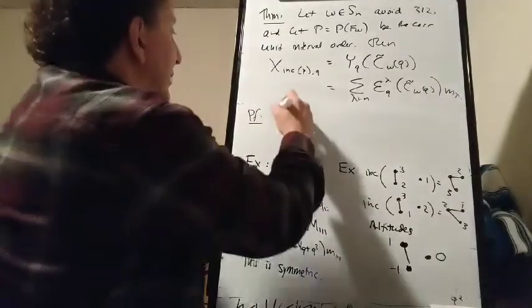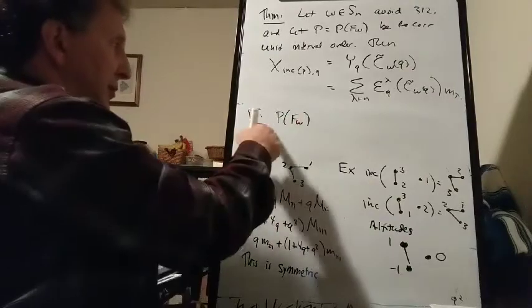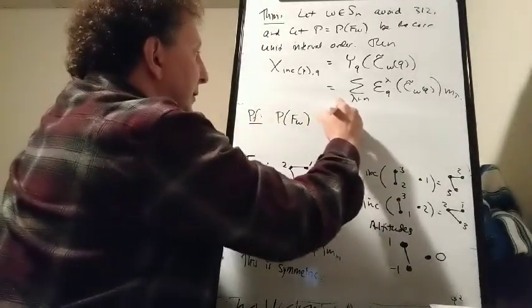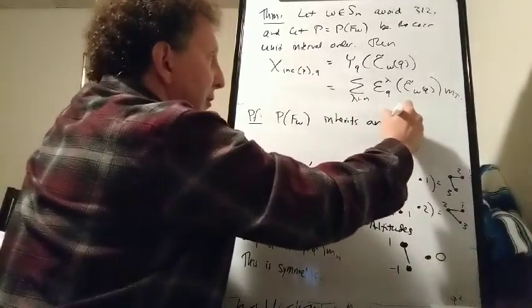So to see this, first of all, the path poset of FW always inherits an altitude respecting labeling.